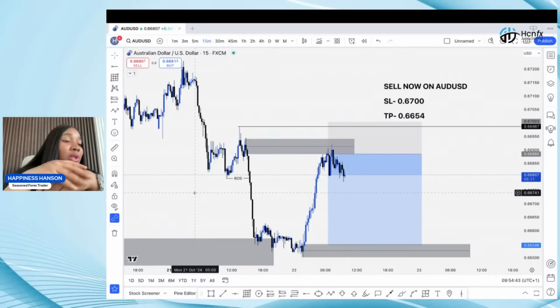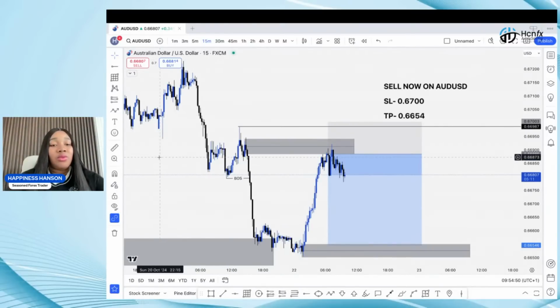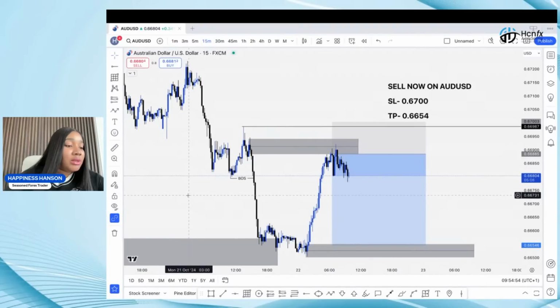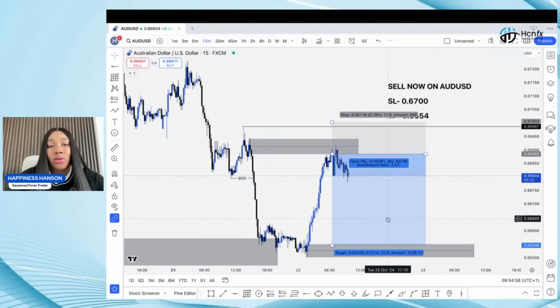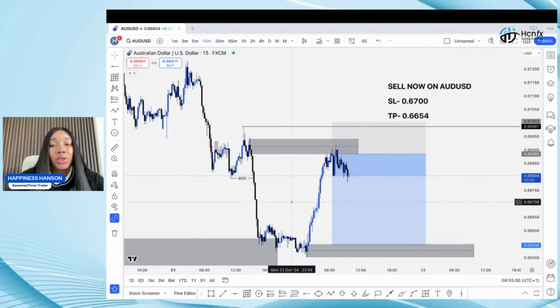I've explained that countless times. But if it's too much for you, it's very simple: you stay out of the trade and wait for the one that aligns with the type of SL you need. Okay, so a quick sell on AUD USD while we're waiting for another setup.